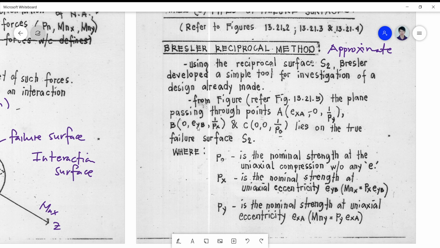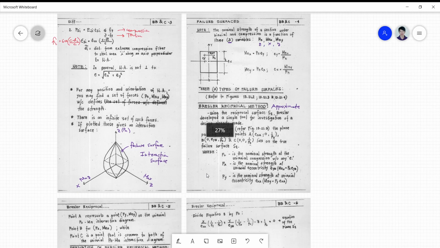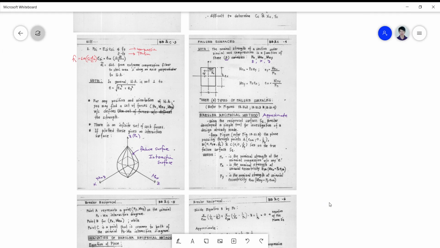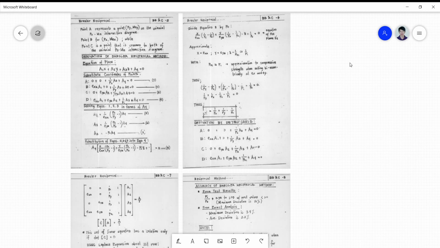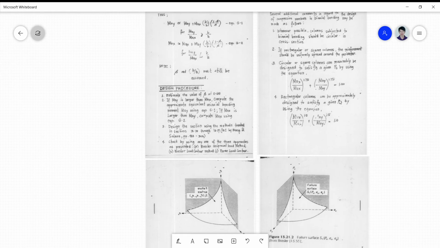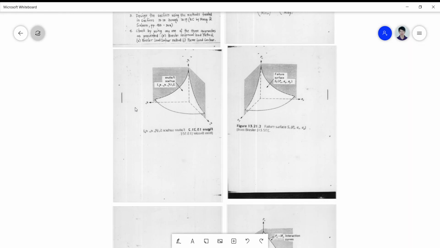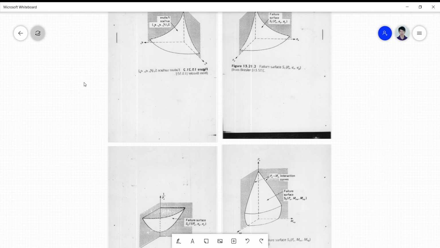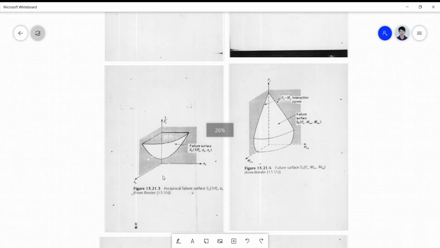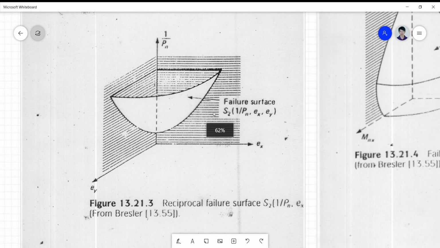Might as well give you the figure now so you can understand it better. So this is the failure surface, this is what the Bresler reciprocal surface looks like.